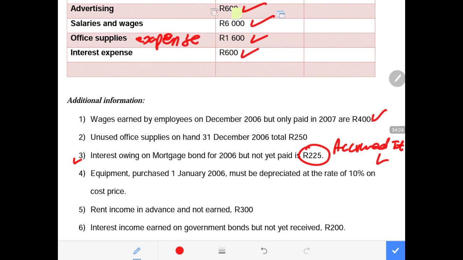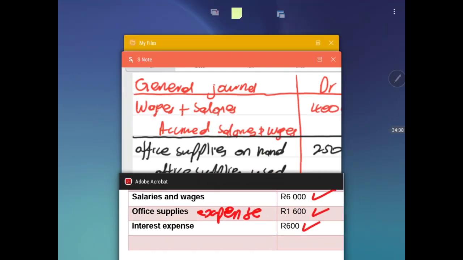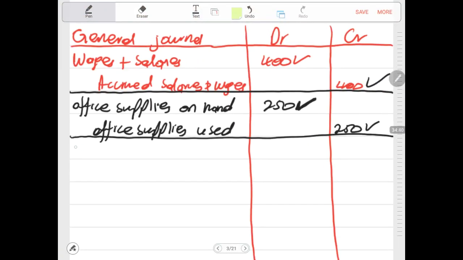So now we have to debit our interest expense because this interest was supposed to be paid in the current year. And anything that was supposed to be paid must be recorded as an expense for the current year if it was an expense. So we say debit our interest expense, because our interest expense in the trial balance is underestimated by an amount of 225.